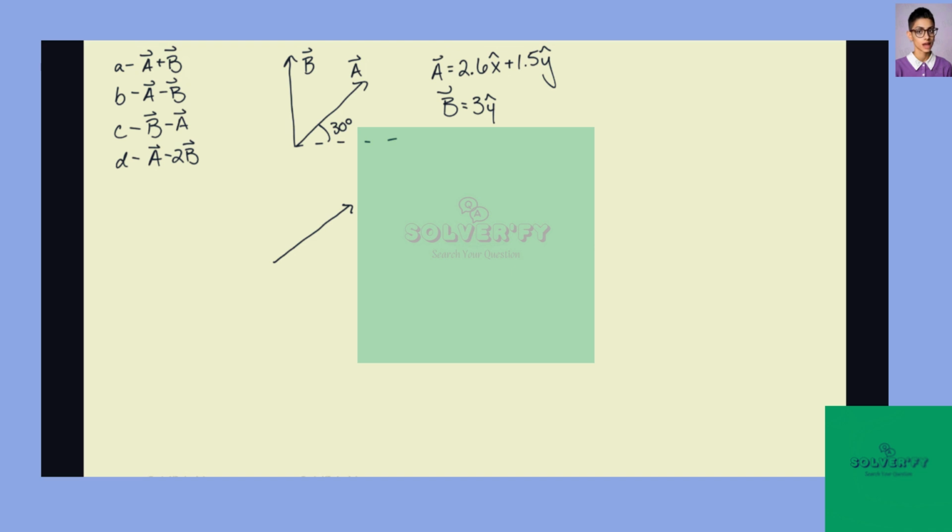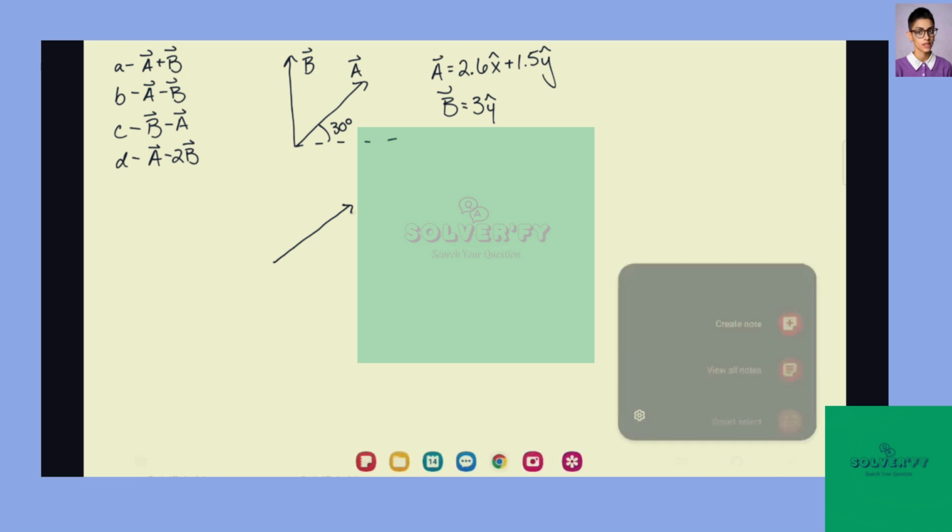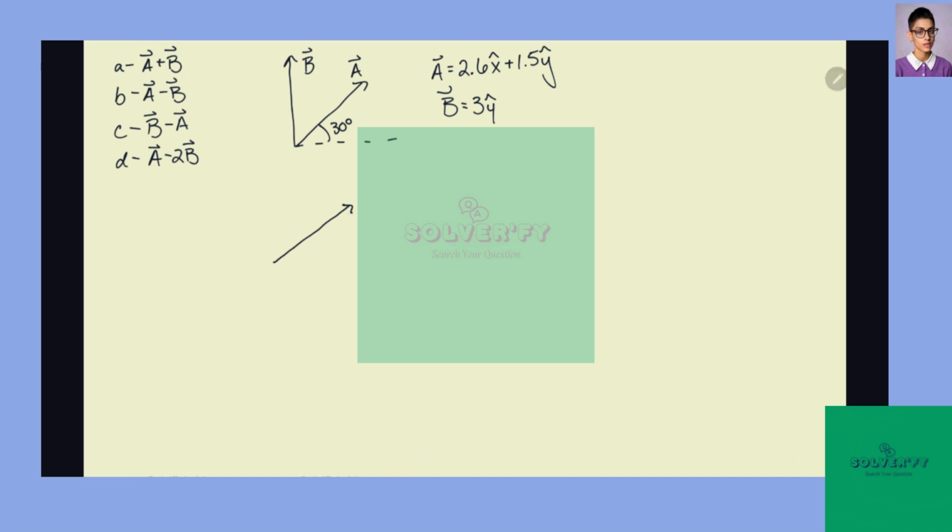So instead of pointing up, it's going to point down. So it'll look a little something like that. Right, so this is A, this is B, and our resulting vector is going to be this guy, A minus B.